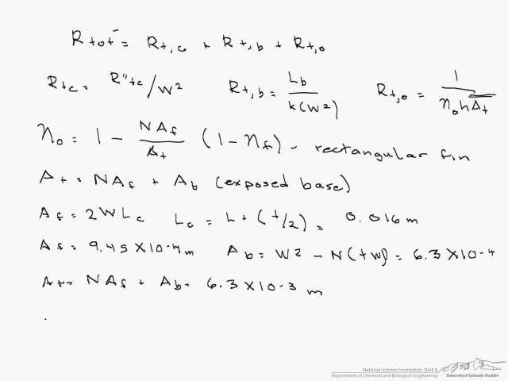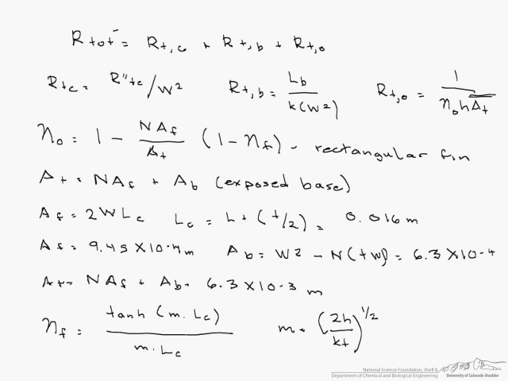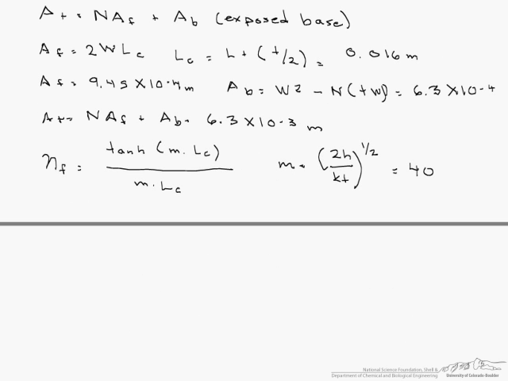Now, the next thing we have to do is calculate this eta sub f, which is the hyperbolic tangent of m times L sub c divided by m times L sub c. So what we need next is this m, which is 2 times h divided by k times t, all raised to the 1/2, which equals 40. Therefore, our m times L sub c equals 0.63.